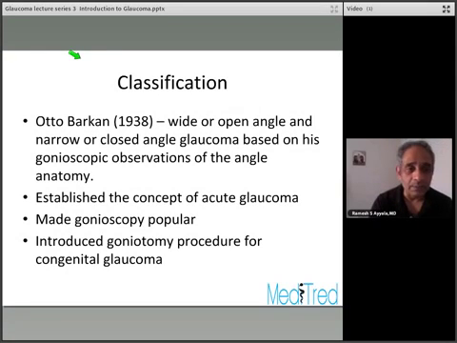He also is famous for a couple of other things. One, he established the concept of acute glaucoma. He made gonioscopy popular. He introduced the goniotomy procedure for congenital glaucoma, which till today happens to be the number one surgical procedure for congenital glaucoma.